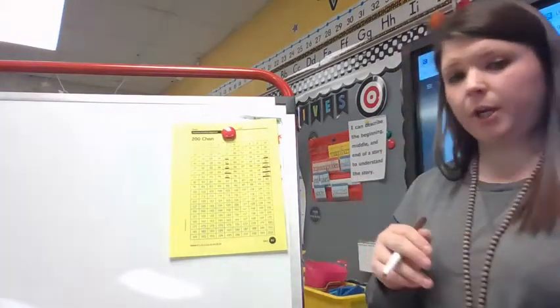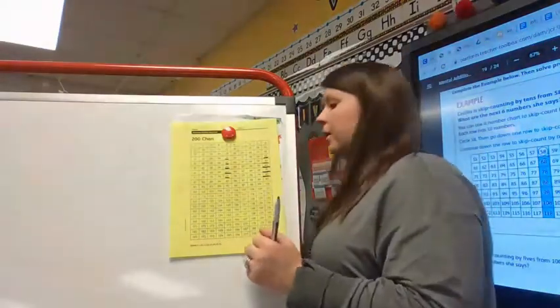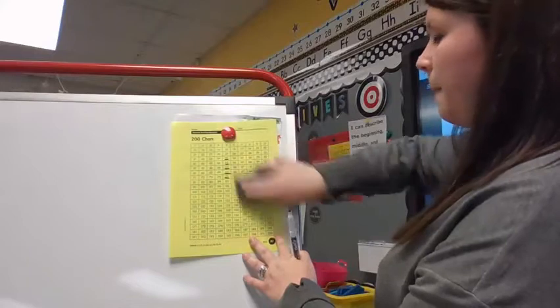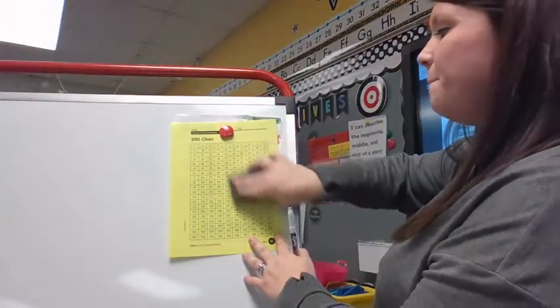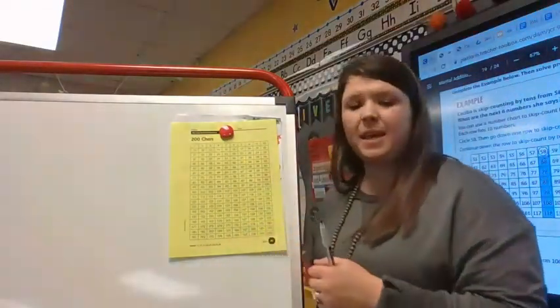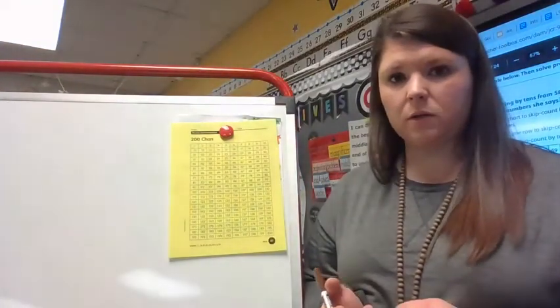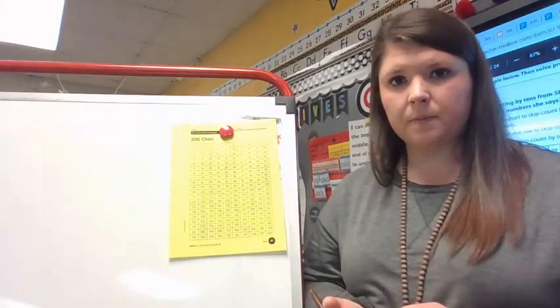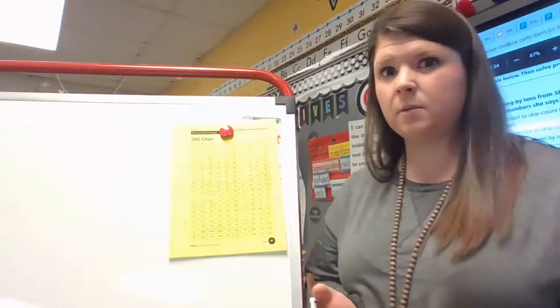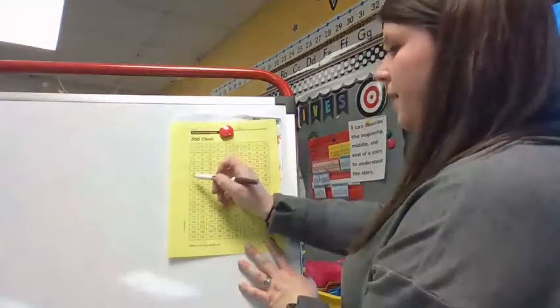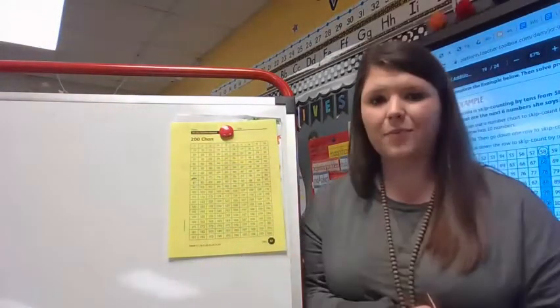All right, now what we're going to do is we're going to start with the number 71, and we're going to skip count backwards by 10. So when we're counting backwards, what's happening with our numbers? They're getting smaller. So we're going to start with 71, and we're going to count backwards by 10.